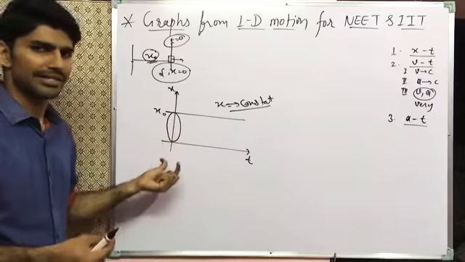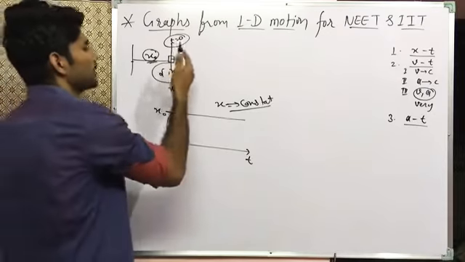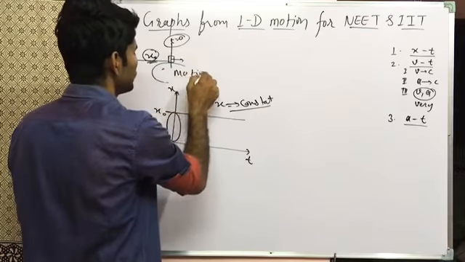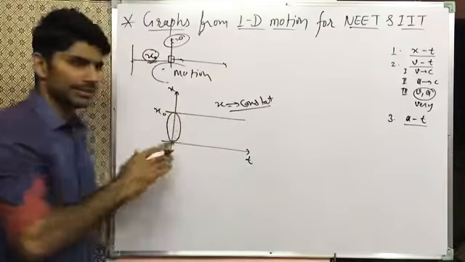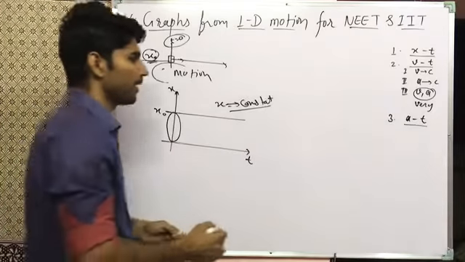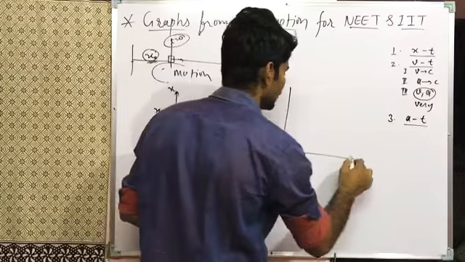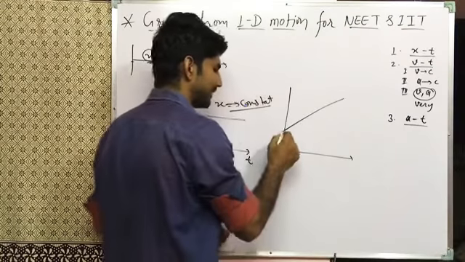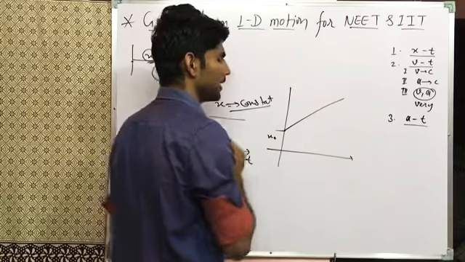This is for the rest state, but if the object is moving continuously, then its displacement changes continuously, and the graph for this displacement will be along this line. This is the initial displacement, which is x naught.